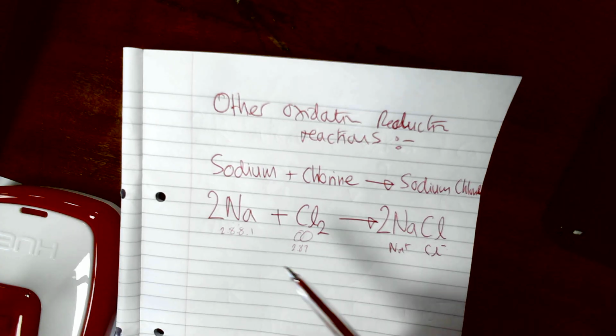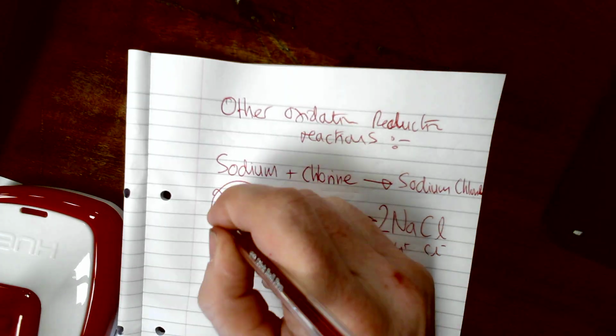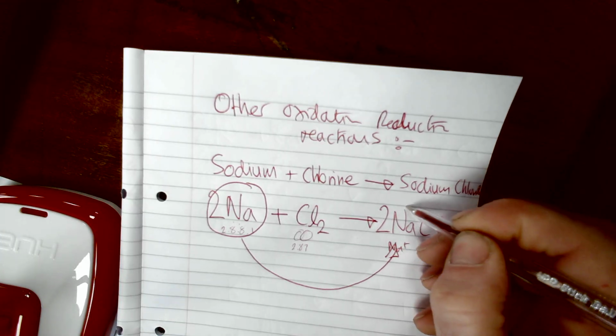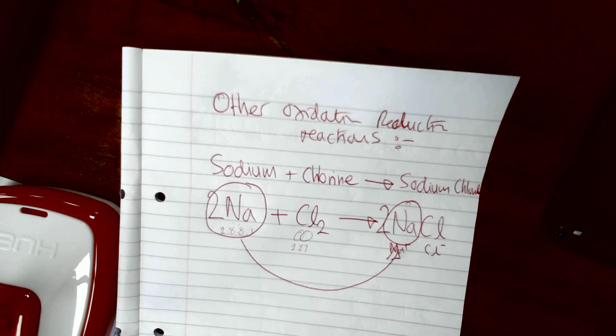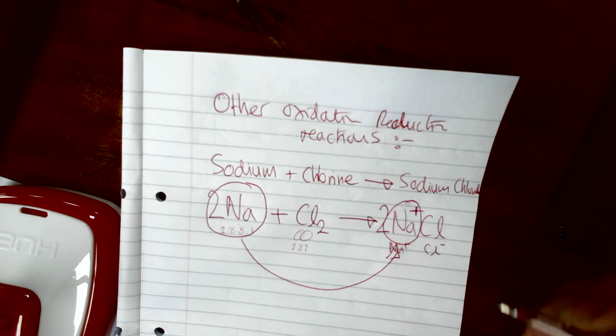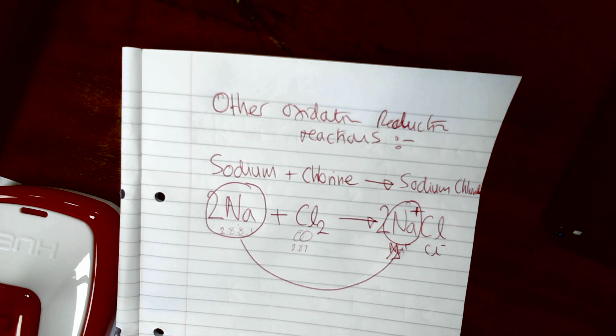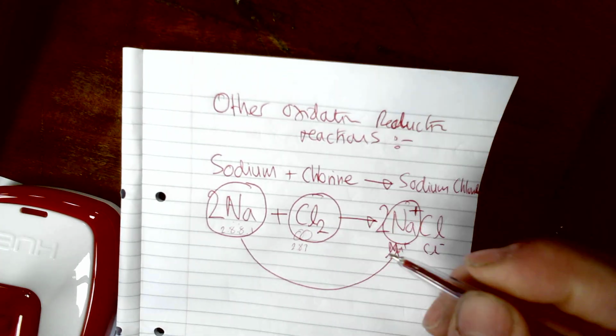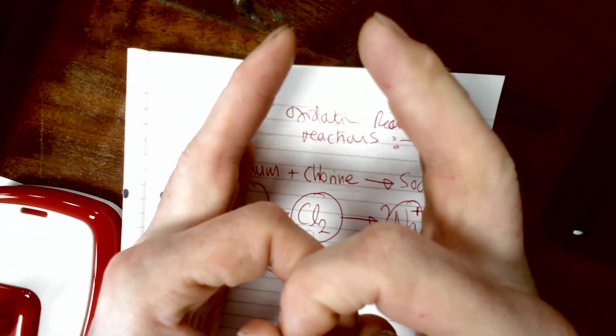But what I can tell from this is my sodium, Na, has become Na plus, part of an ionic compound. My sodium has become Na plus in this reaction. And my chlorine, my Cl2, has split up from its neighbour like this.